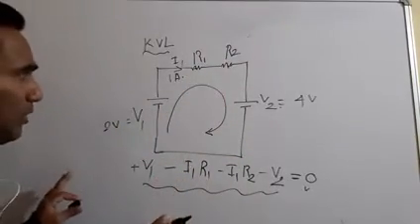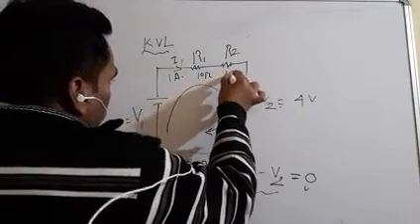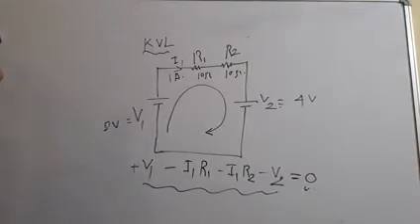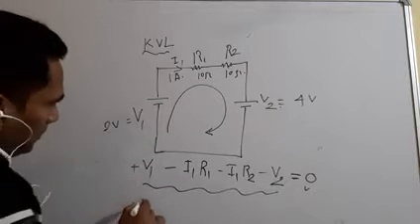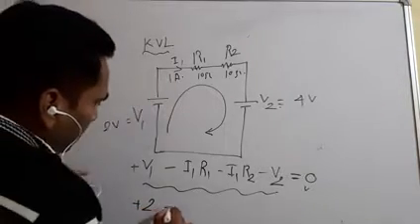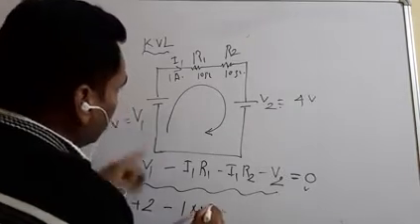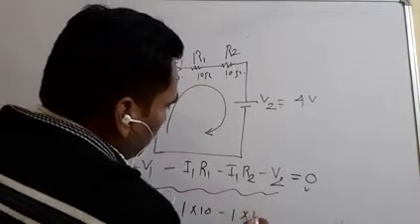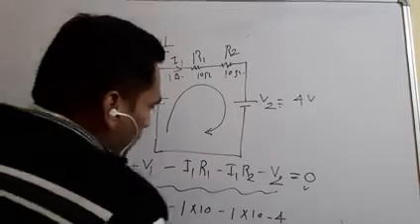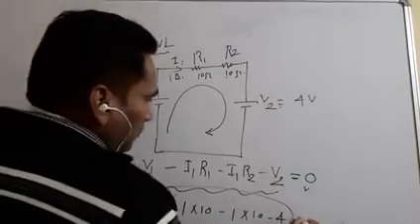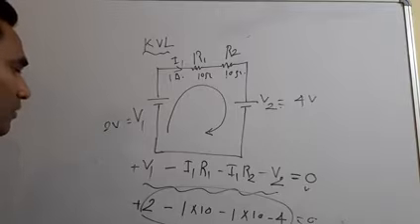This is just a numerical value I am taking as an example, and this is 10 ohm, this is also 10 ohm. So how can we write this? Plus 2 minus 1 into 10, minus again 1 into 10, minus 4. It will always come out to be 0.